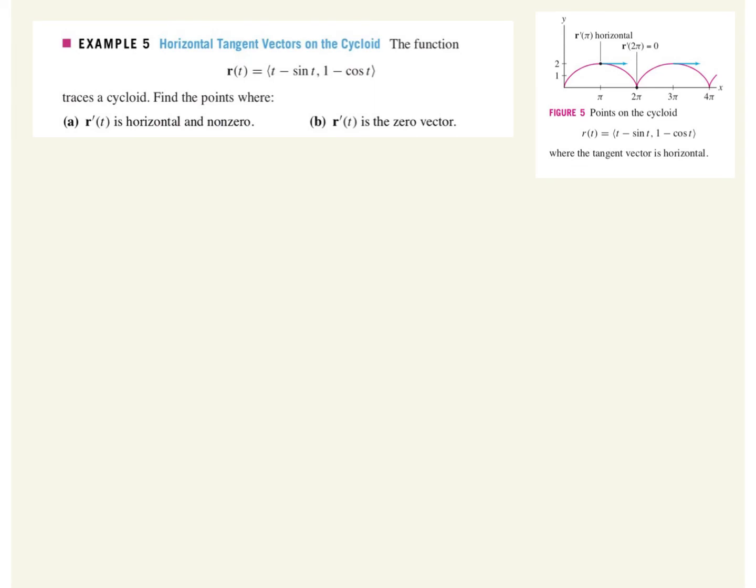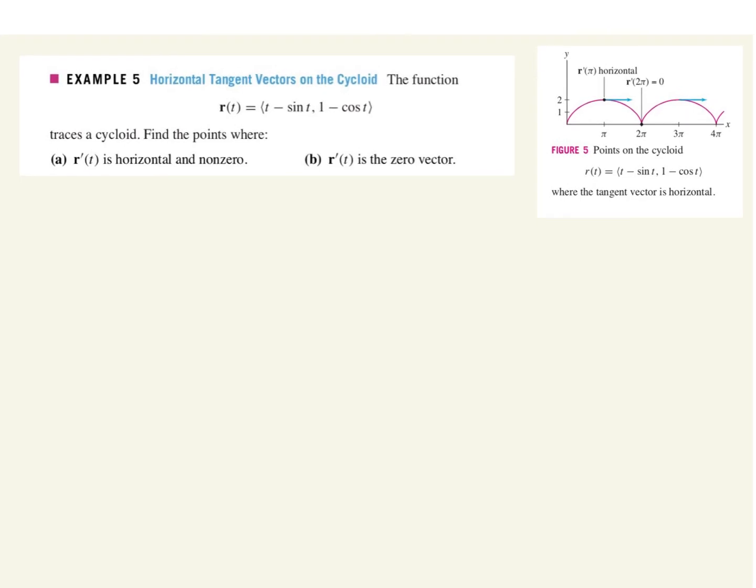Horizontal tangent vectors on the cycloid. So again, nice picture given. The function r of t is equal to t minus sine t, comma, 1 minus cosine t. Find the points where r prime of t is horizontal and non-zero, and then where r prime of t is the zero vector.